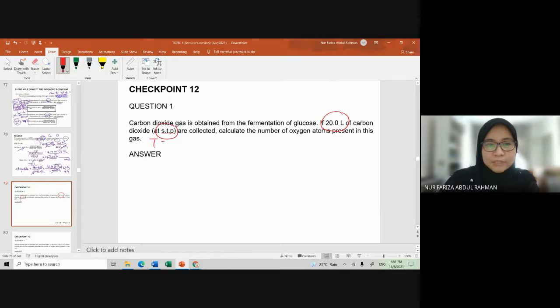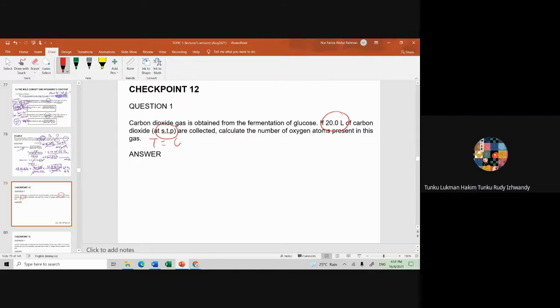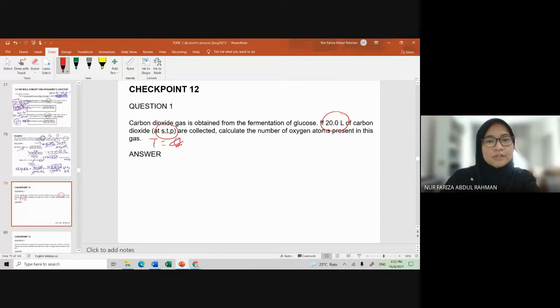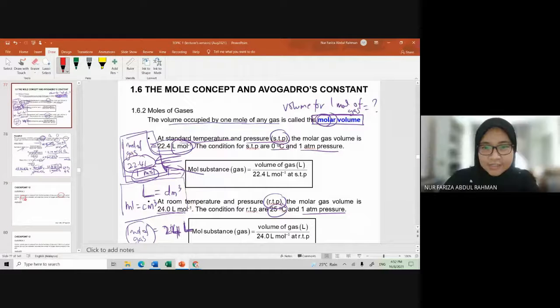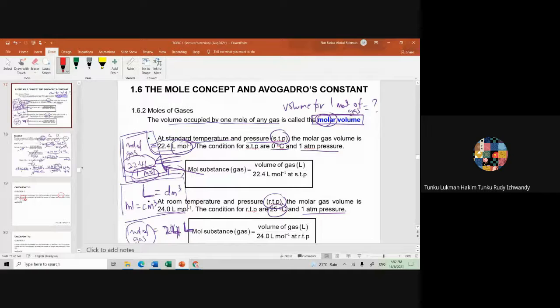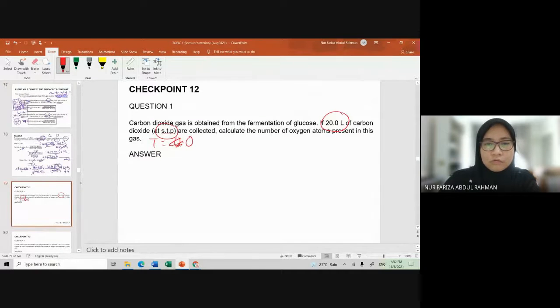STP, the temperature for STP is zero. That is one significant figure. And then pressure 1 atm, that means one significant figure. This is one significant figure, this is one significant figure, this is 1, 2, 3 significant figures, right? So pick the least significant figures.